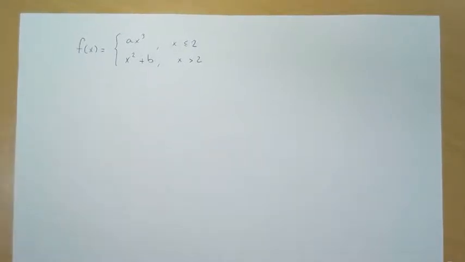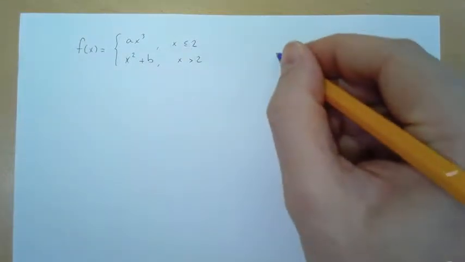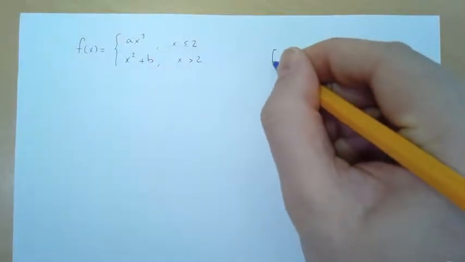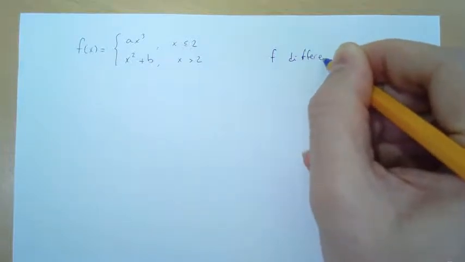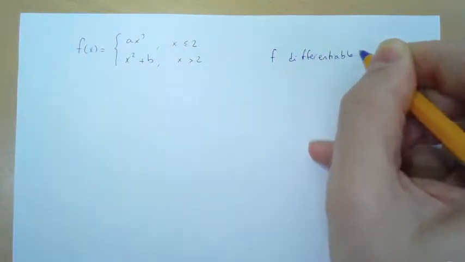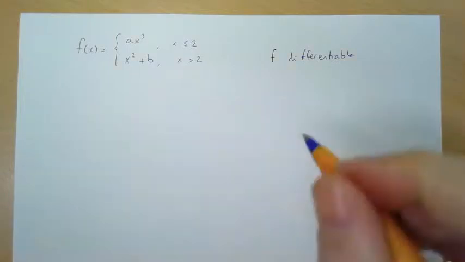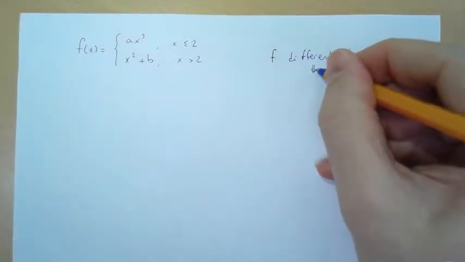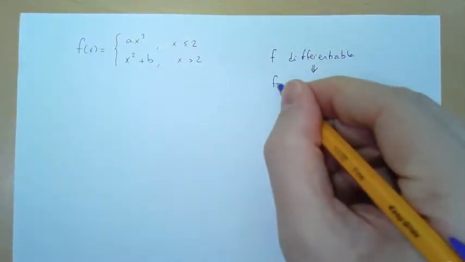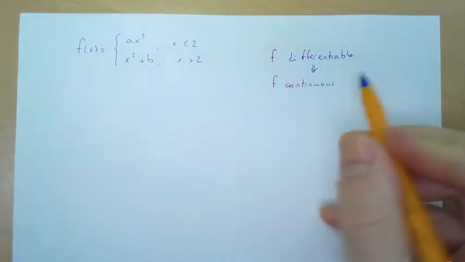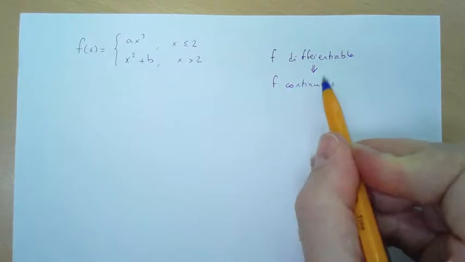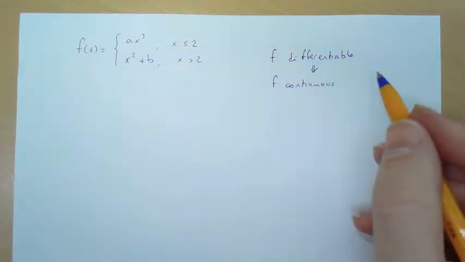Here, it looks like we only have one thing we need to satisfy. We need to have f differentiable. But that's actually two conditions in disguise, because if f is differentiable, it automatically means that f is continuous. If f is not continuous, then it is not differentiable.